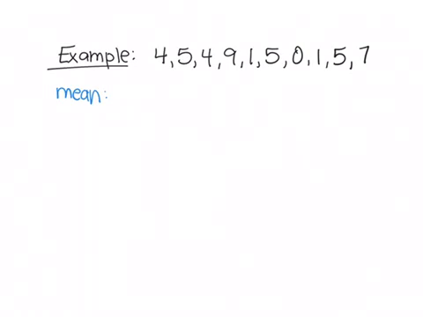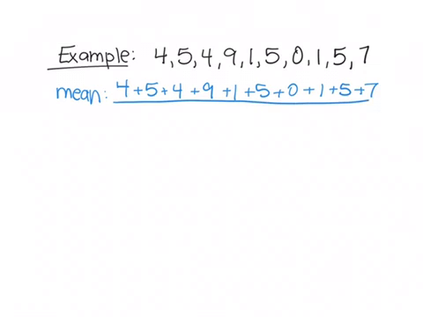So we are going to take all of those numbers that you see up there, and we're going to add them all up. And then we're going to divide by how many terms there are.